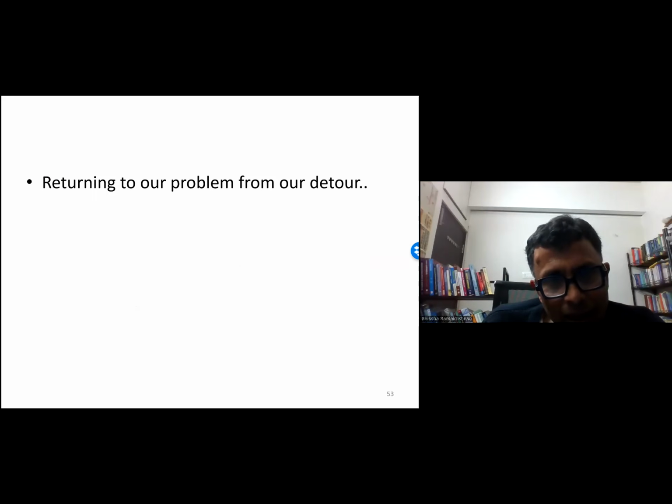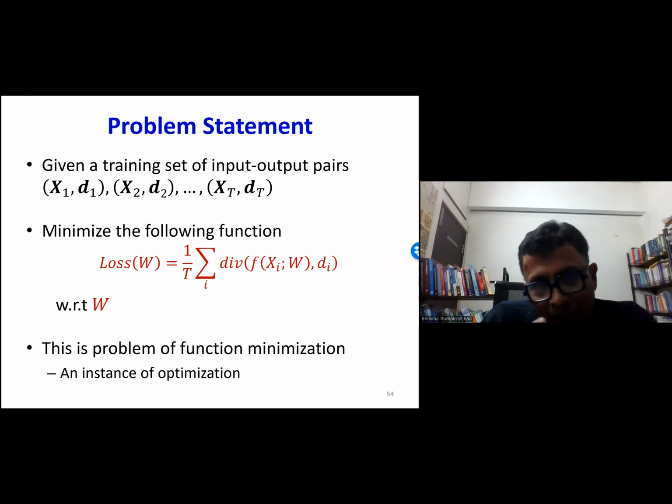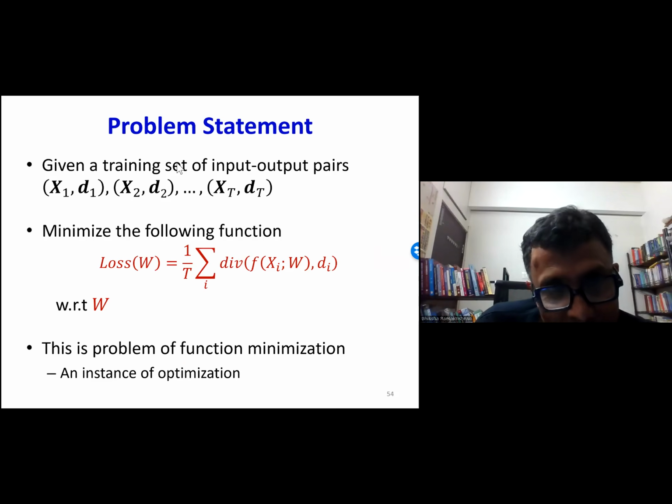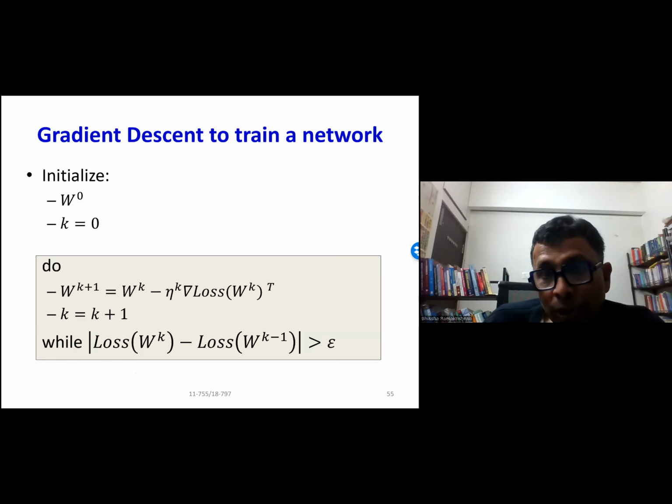Thank you. So now let's return to our problem. After the detour, we were given a collection of training points. We defined a loss function, which is the average of the divergences over all the training points. We wanted to minimize this loss function with respect to argument W. This is a problem of function minimization, and so we can use gradient descent to train neural networks.